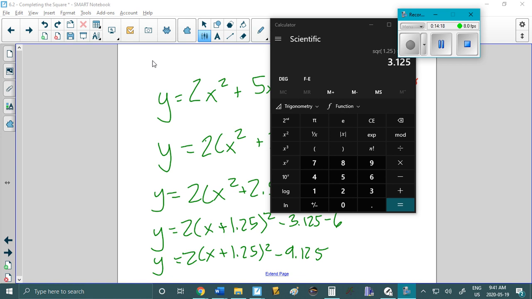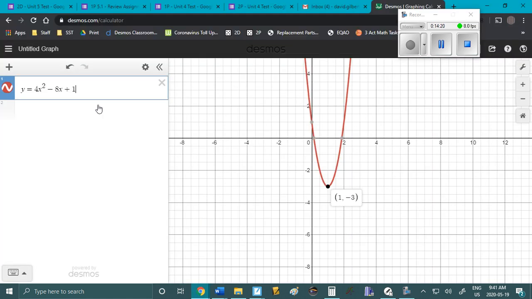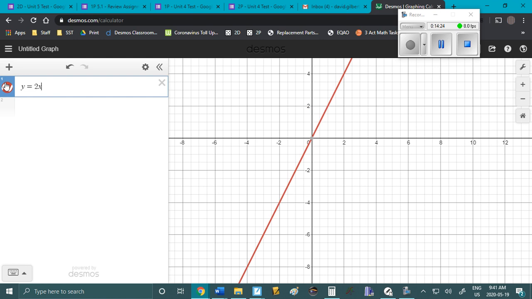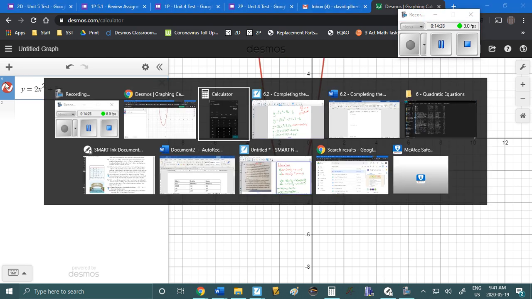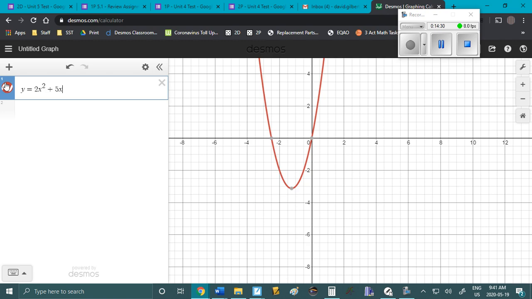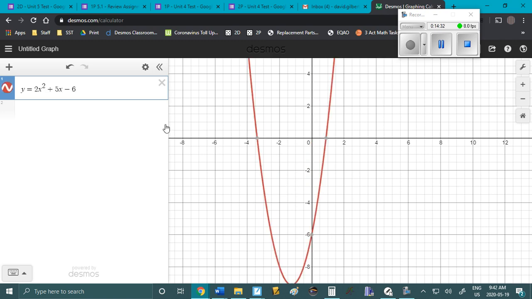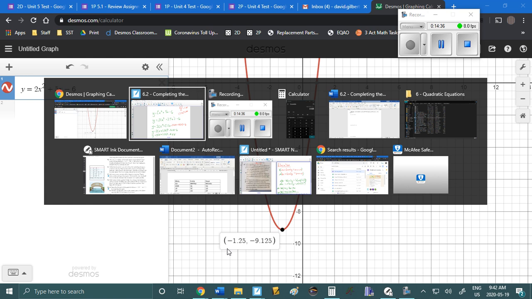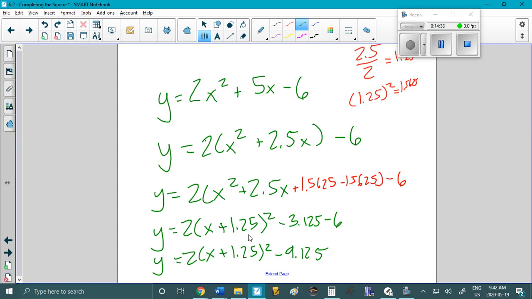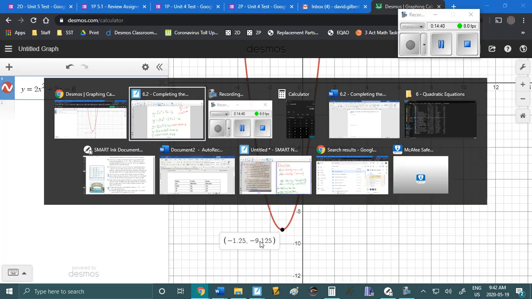So let's check it out. Desmos. y equals 2x squared plus 5x minus 6. Okay, so the vertex is negative 1.25, that checks out, and negative 9.125.